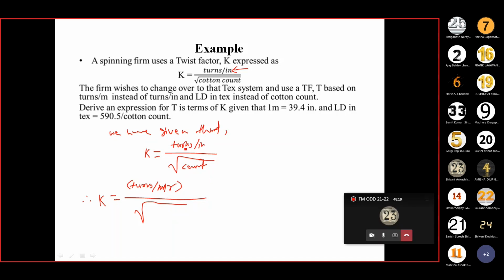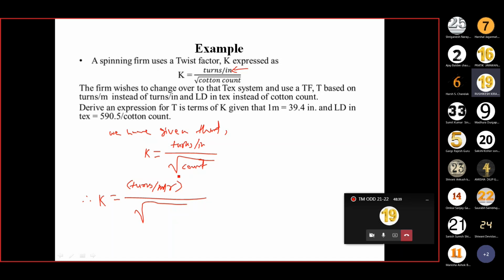So convert turns per inch into turns per meter. How will you convert? Divided by 39.4 inch. Very simple.